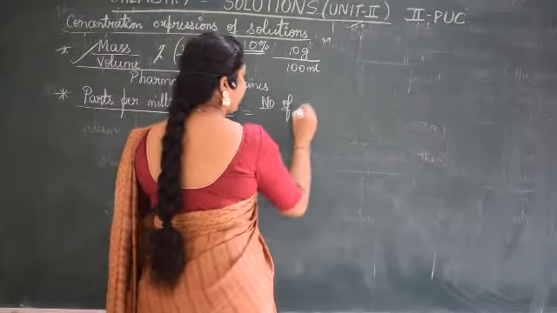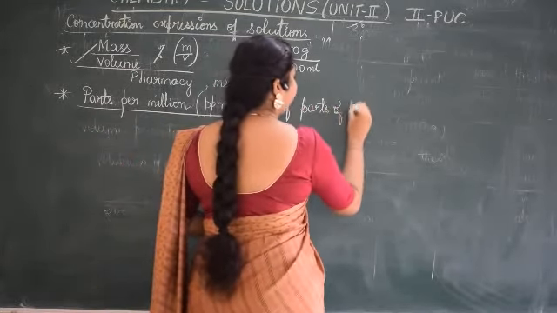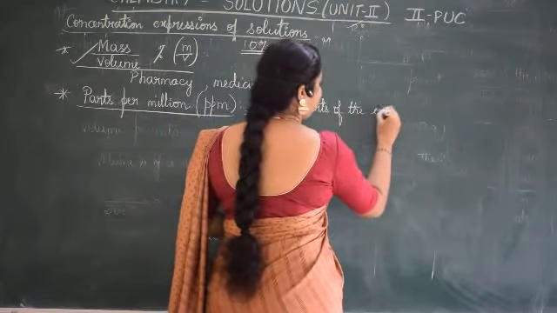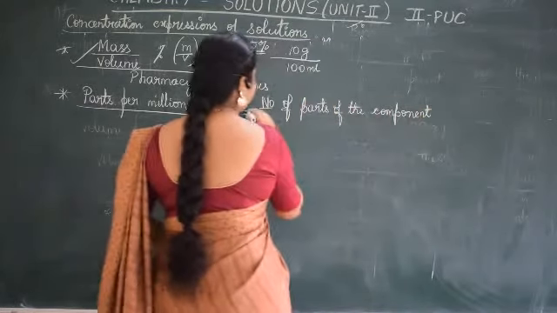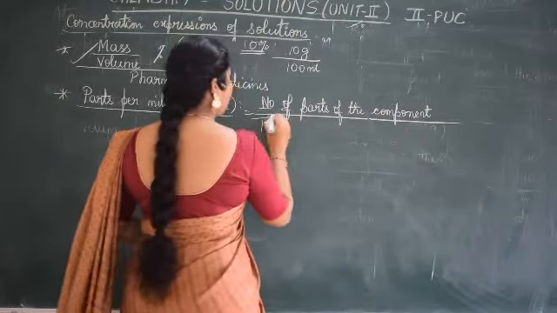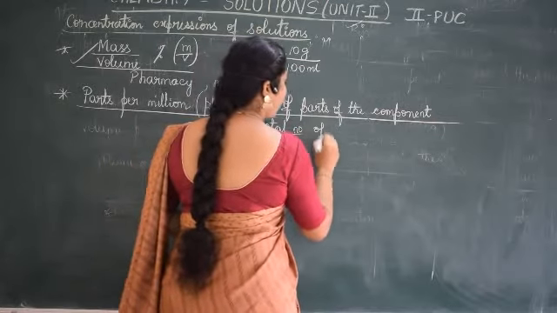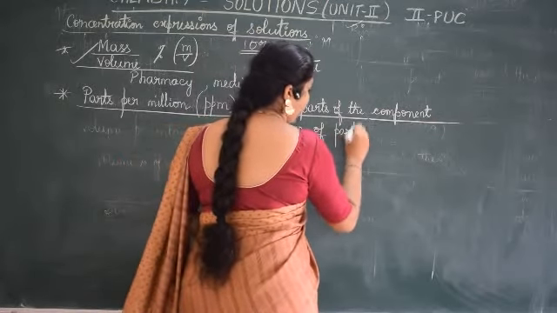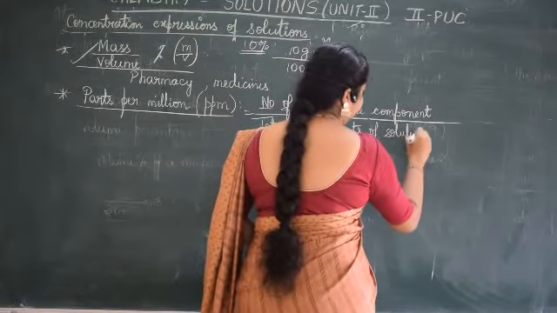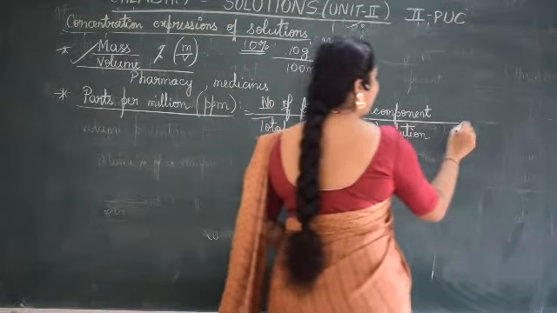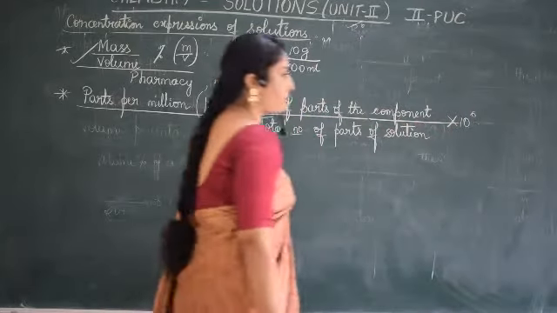Number of parts of the component divided by total number of parts of solution, since it is million parts, into 10 to the power 6.